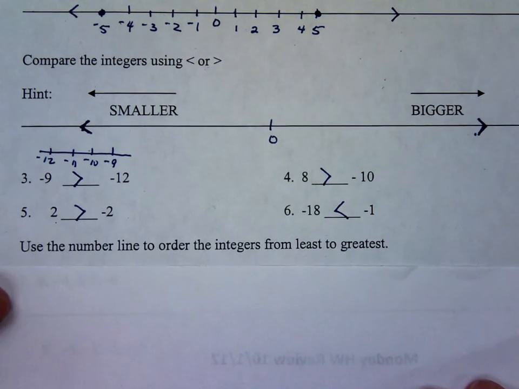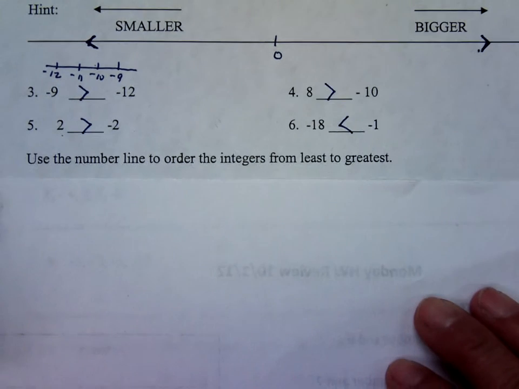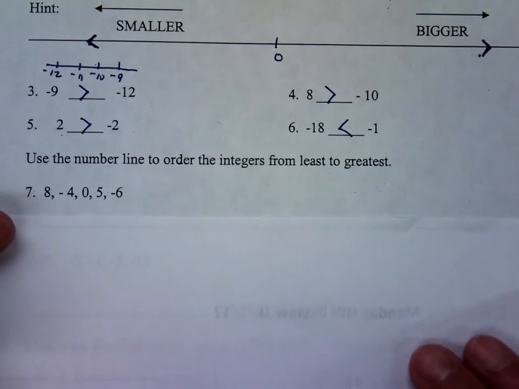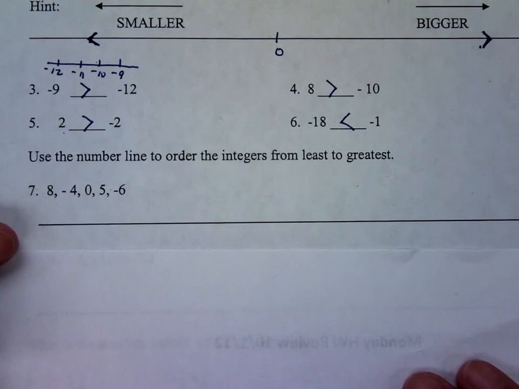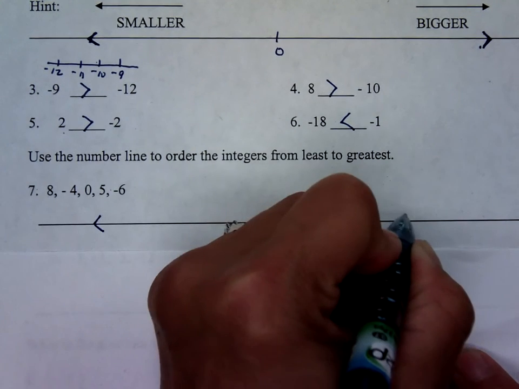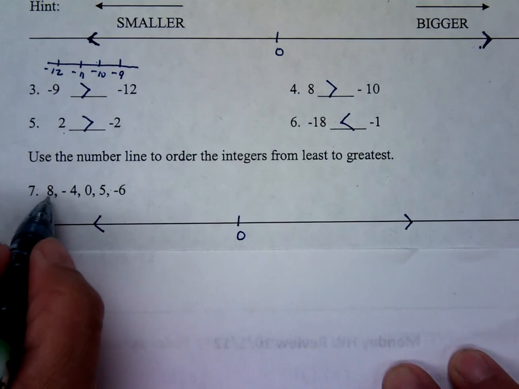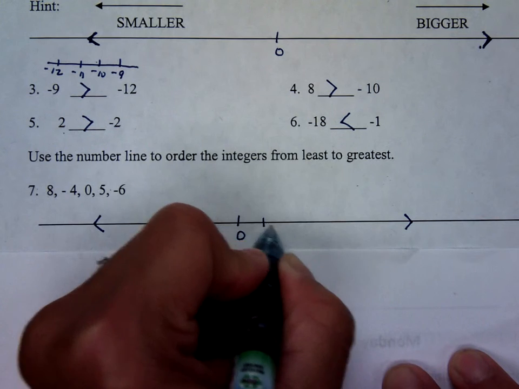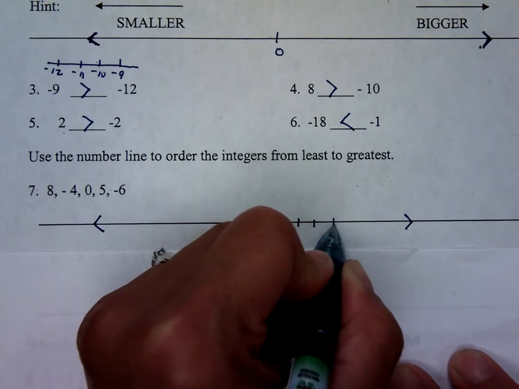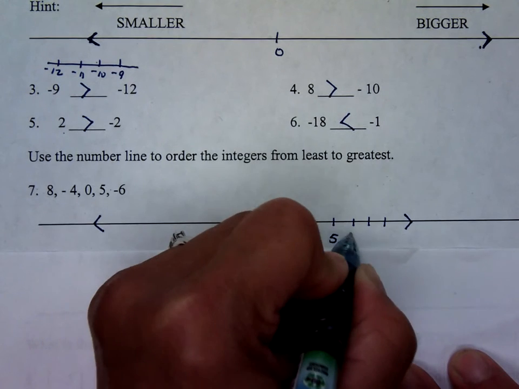Here's the next direction. It says use the number line to order the integers from least to greatest. Just like you did numbers 1 and 2, you're going to make your arrow, make your 0, and then I look here. My biggest number is 8 for the positive: 1, 2, 3, 4, 5, 6, 7, 8.